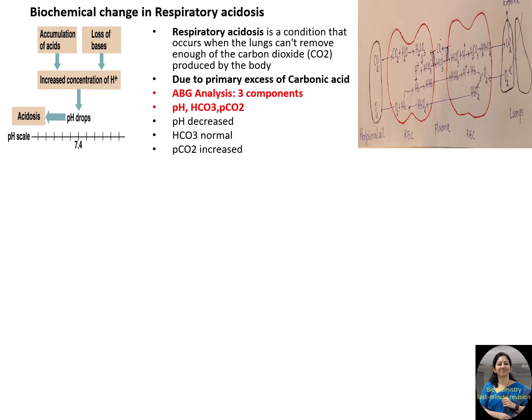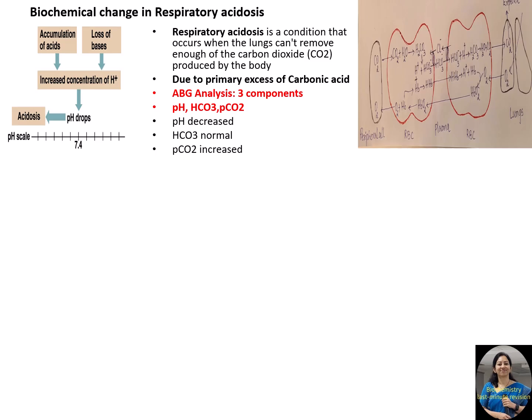Now the metabolism of the peripheral tissue generates carbon dioxide, and this carbon dioxide condenses water to form carbonic acid, which dissociates to form hydrogen ion and bicarbonate ion. Now these H plus ions are buffered by hemoglobin, which becomes now deoxyhemoglobin. Now this bicarbonate moves into plasma in exchange for chloride, which is known as chloride shift.